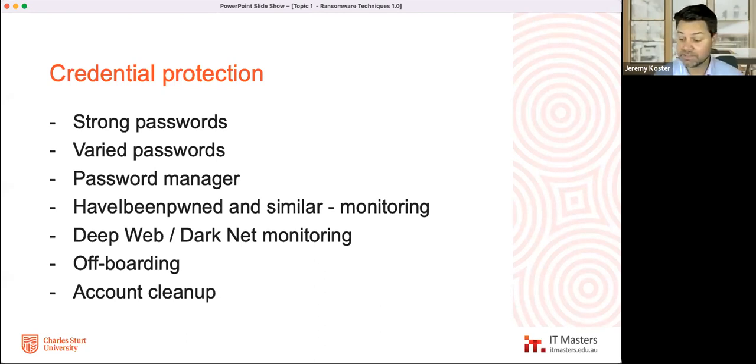The government does this for some organizations, to let you know when their credentials have been exposed. Organizations like AusCERT do it as well. They'll give you these credentials when they see them on an exposed site or a dark net site or something like that. So there are services you can run to understand which accounts might be at risk. Being able to monitor for those exposed accounts is really important.